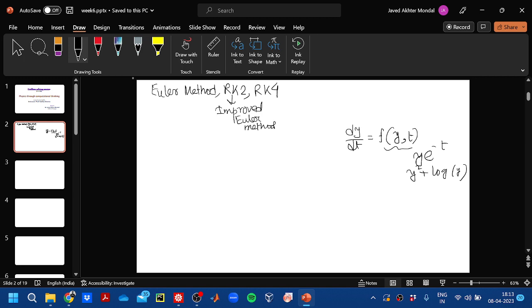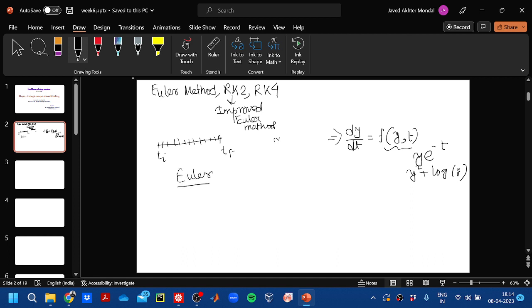How can we solve this for a finite time interval? If ti is our initial time and tf is our final time, then we discretize the whole time series into a finite number of points, the time intervals from which we calculate how y changes as a function of time.